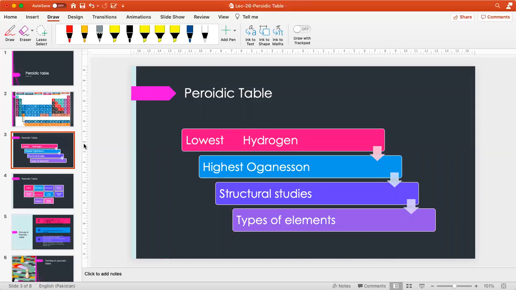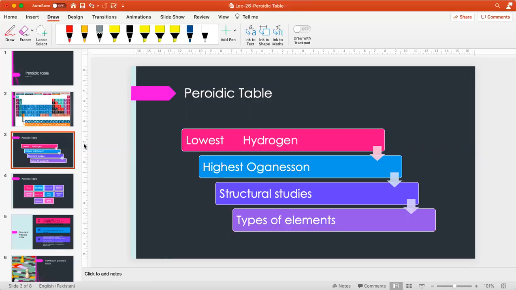Then we come to the structural study of the periodic table. The periodic table arranges all of the known chemical elements in a very informative array. Just by looking at it, we can understand a lot about the nature and behavior of the elements.